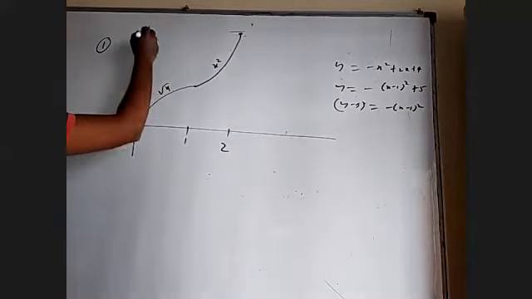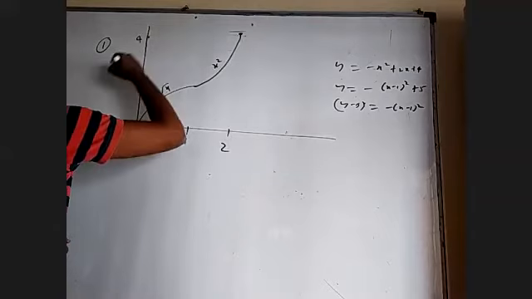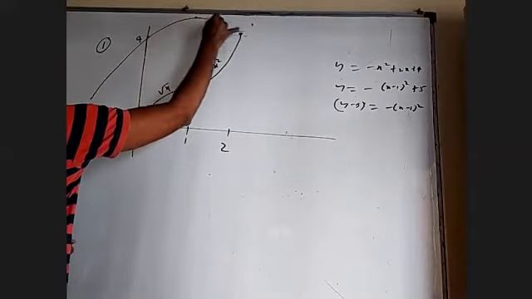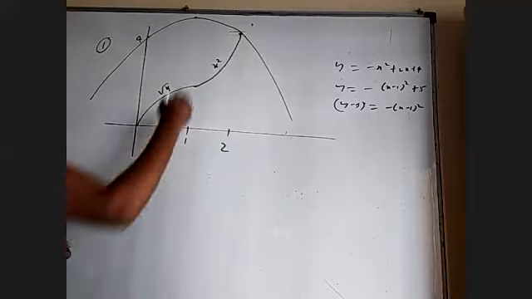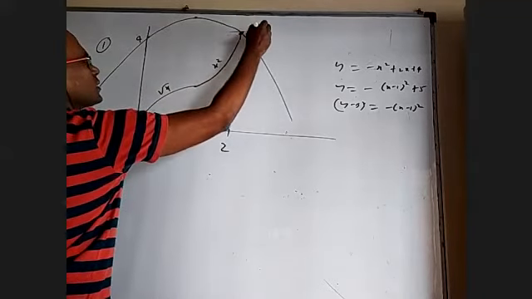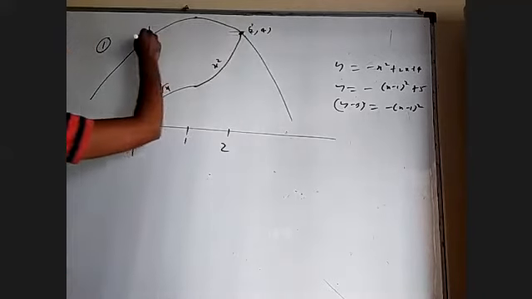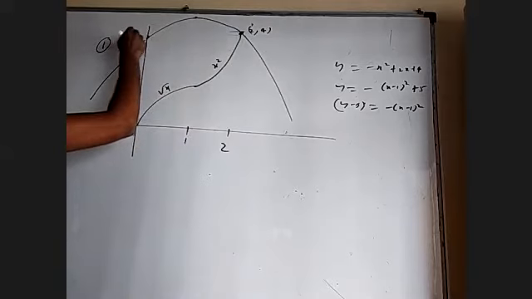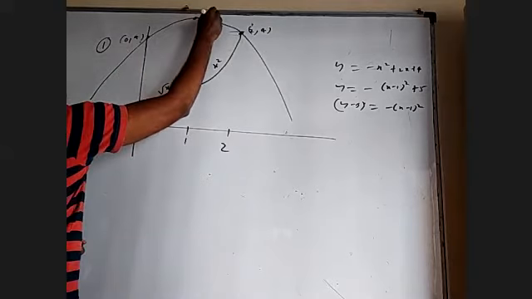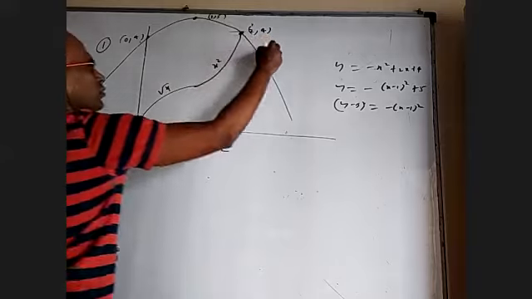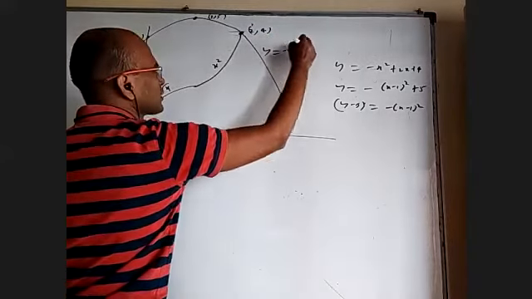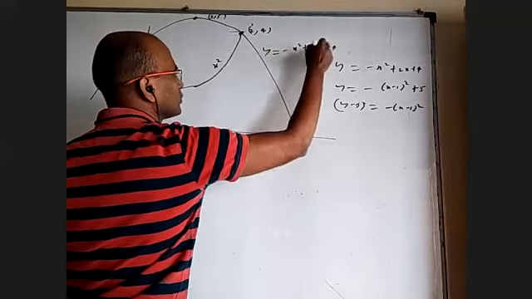The other parabola is actually here, like this it is. Okay, at 2 it is 4, at 0 it is 4, but at 1 it is 5. That is the downward parabola y equal to minus x square plus 2x plus 4.